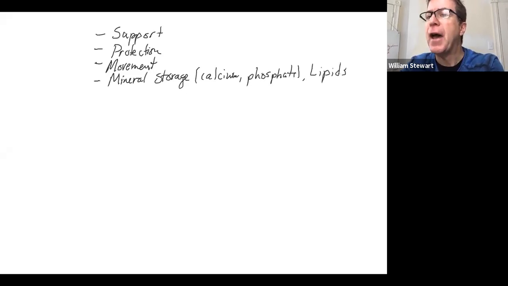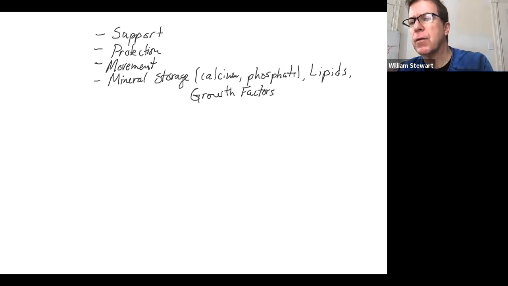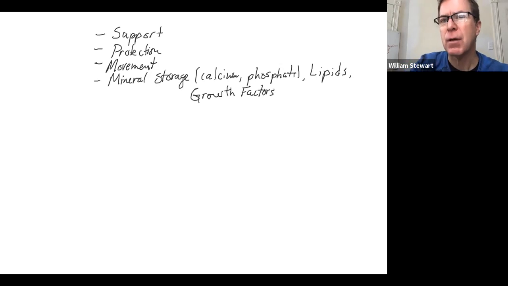We do store some fat in our bones. And growth factor. Growth factors, there's more than one. Growth factors that are usually secreted by the liver can be stored in our bones, in the matrix of our bones. Blood cell formation is a big one.